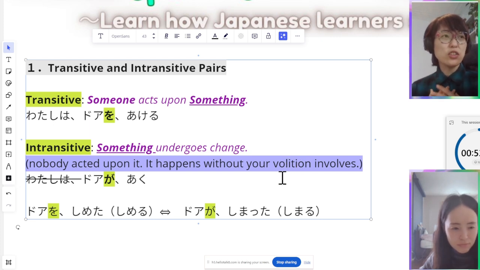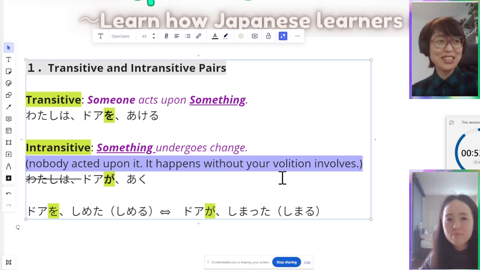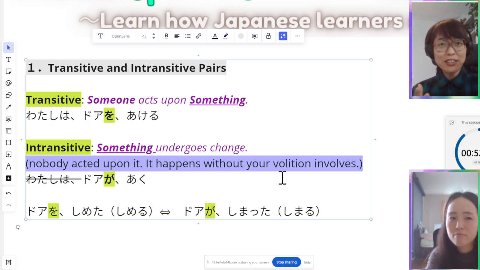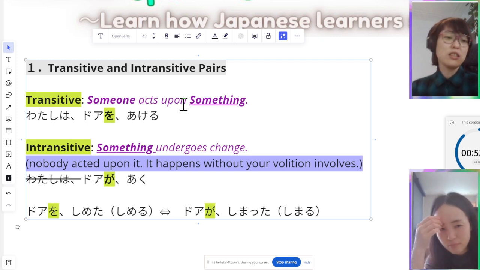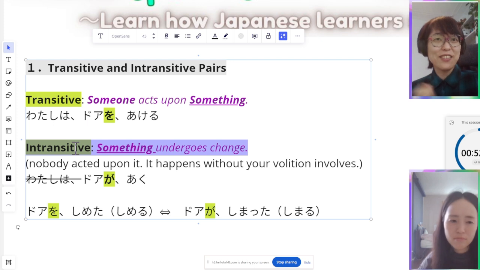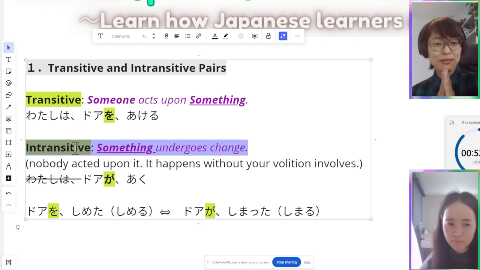Nobody's action, nobody's intention, nobody's volition. It just happened. For example, when a typhoon comes, whose will, whose intention, whose volition? Nobody's. 台風が来る doesn't have something acted upon. If we categorize into two groups here, it is obviously intransitive. Other verbs, for example, 夏はプールで泳ぎます.